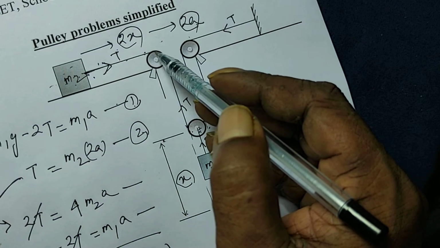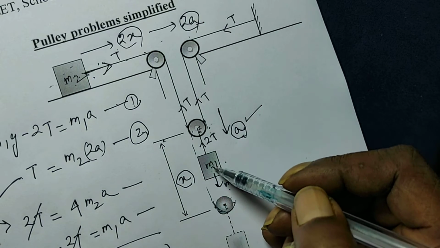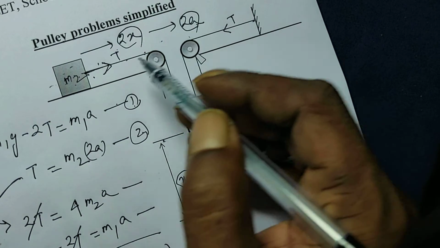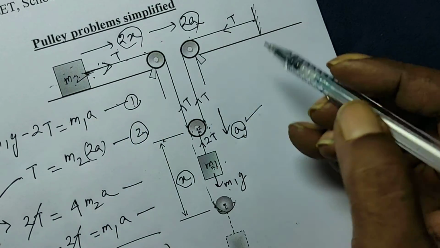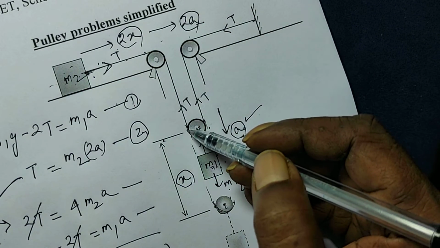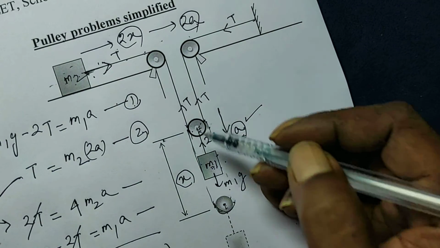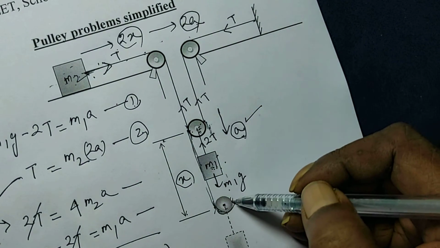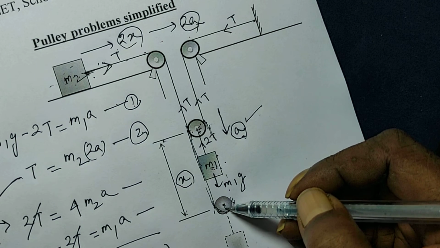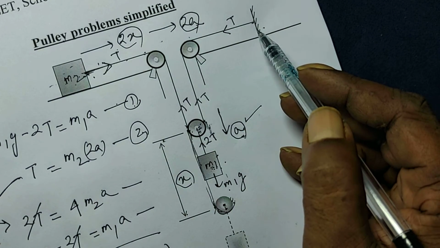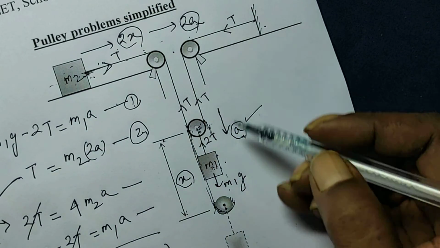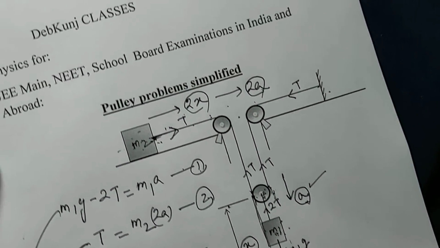So from this side 2x length will be available to this mass, because this end is fixed. The length of the string will be shortened from this side, and it will be equally distributed to the left and to the right of this pulley. So when this falls by a distance x, the length of the string that is shortened from this side, not from this side because this is fixed, will be 2 times x. So if this acceleration is a, this will be 2a. So that is all about it.